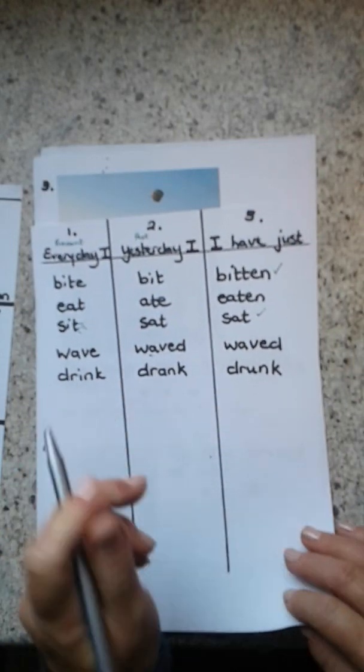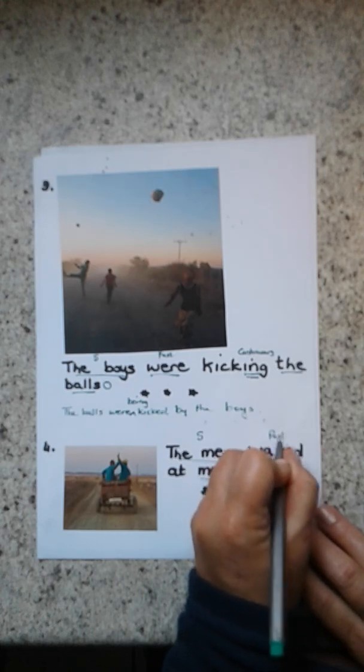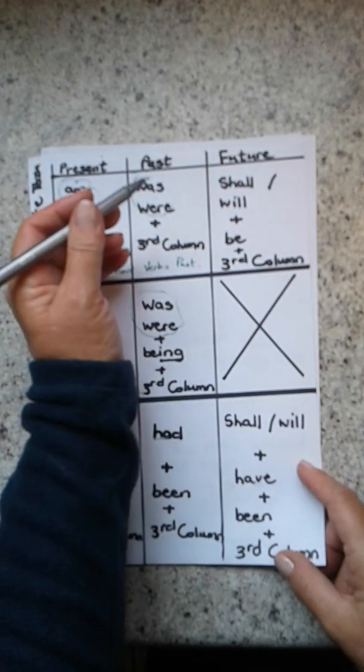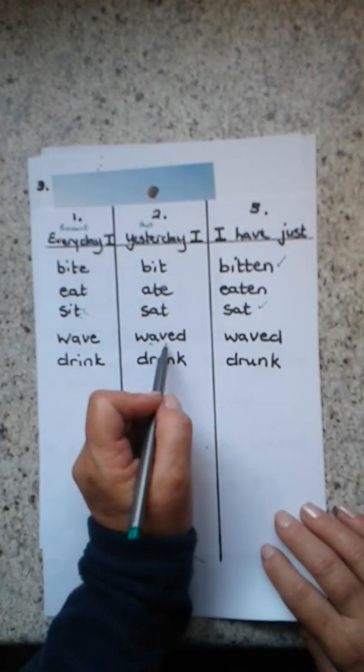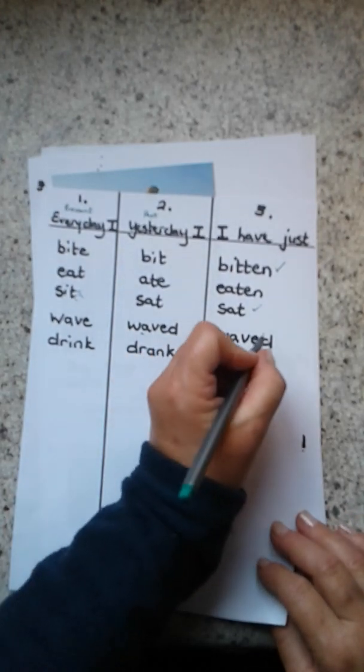So it's past tense. So I've established my verb is in the past. I must keep it in the past. So I will use simple past, was or were, plus the third column of wave, which is every day they wave. Yesterday they waved. They have just waved. I am going to use this one.